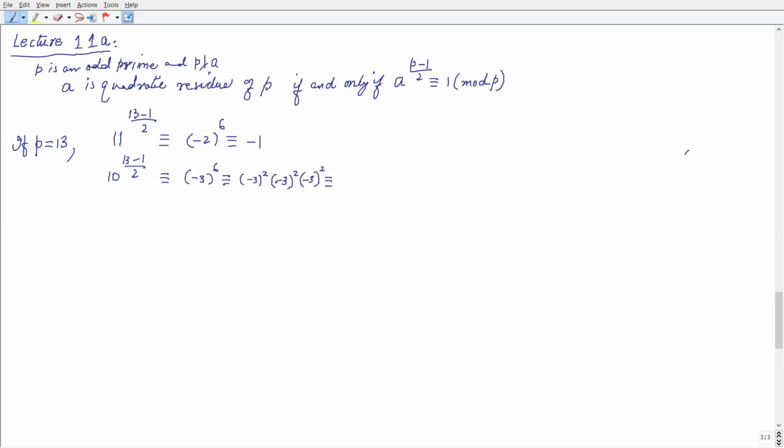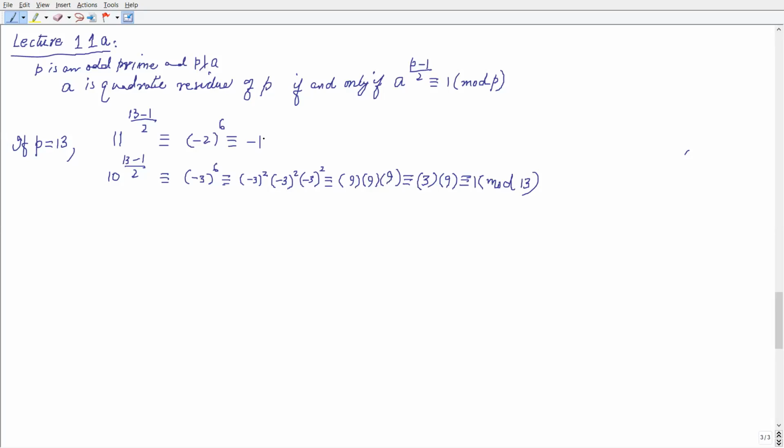Minus 3 squared is 9, so 9 times 9 times 9. 9 times 9 is 81, and 81 is 3 modulo 13. So 3 times 9 is 27, and 27 is 1 modulo 13. So 10 is a quadratic residue.